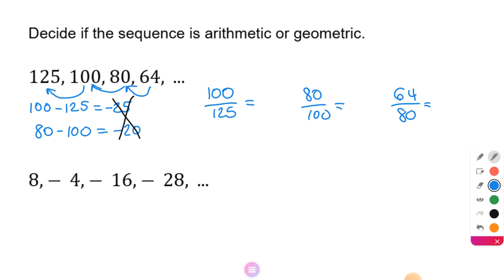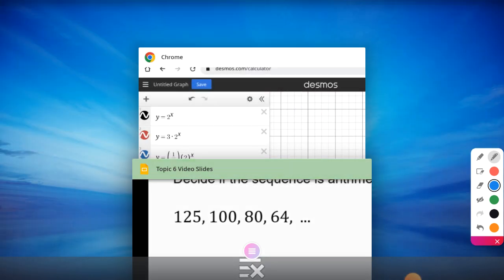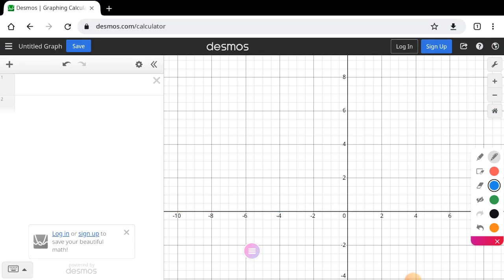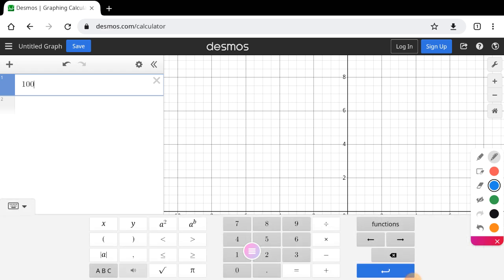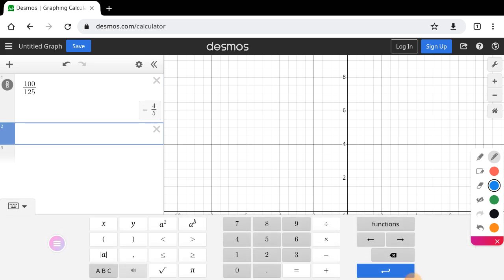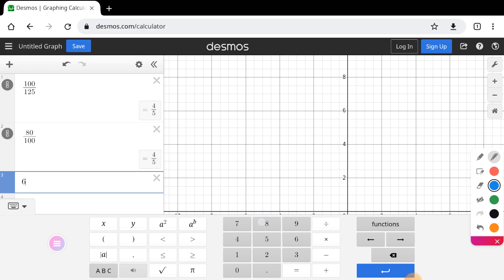All right, so we want them to be the same if it's going to be geometric. So let me switch over to Desmos. And we have 100 over 125. And let's make that a fraction. 4/5. Okay, next we had 80 over 100. Oh, 4/5. And then we did 64 over 80.